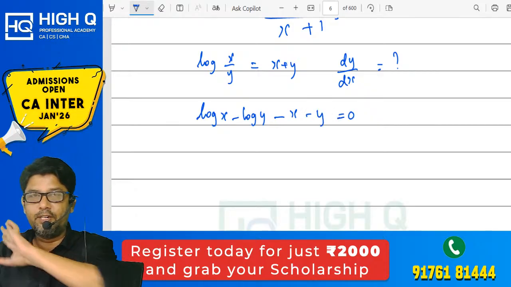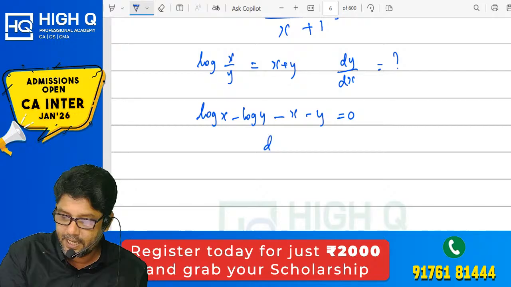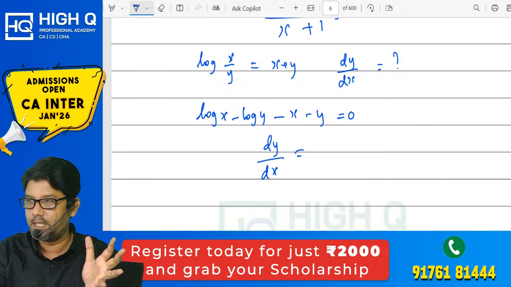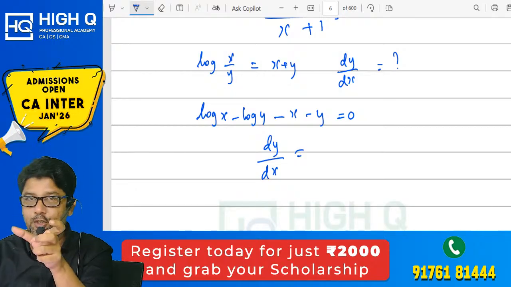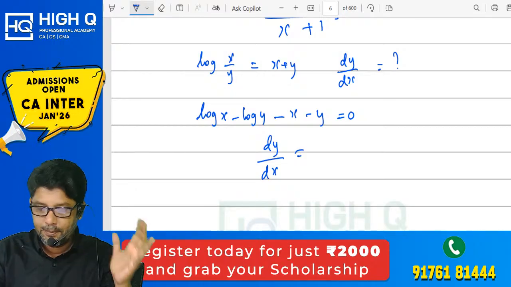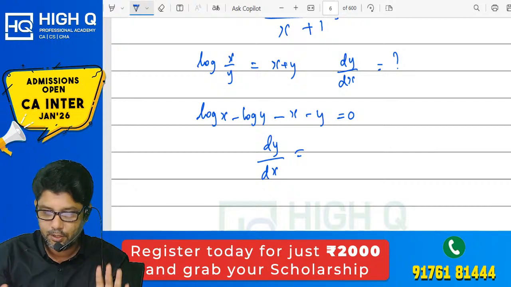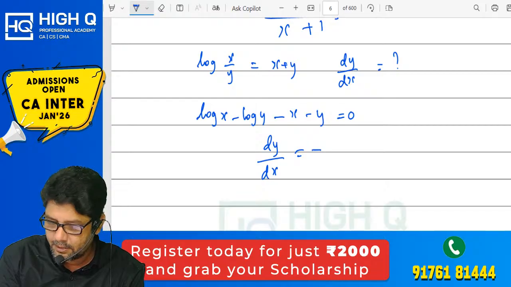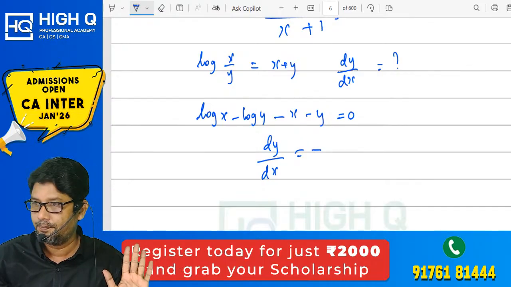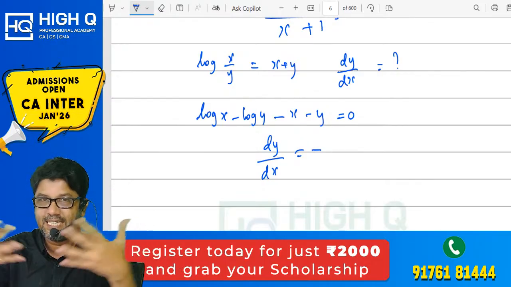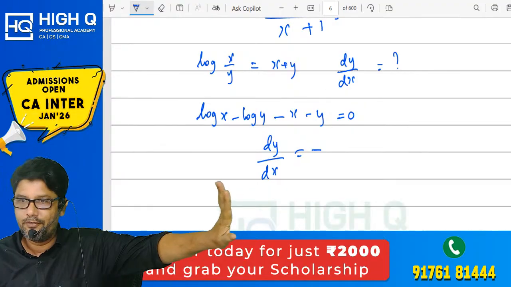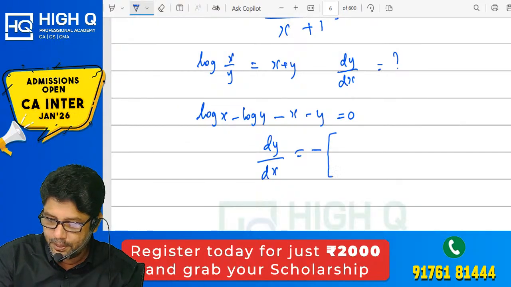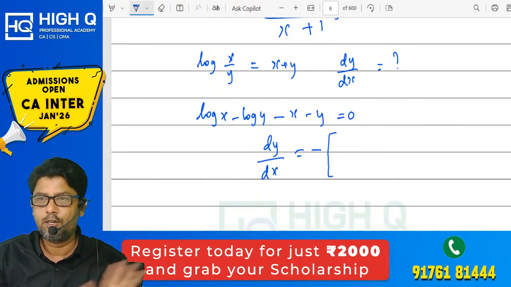First step, bring everything to the left hand side. Second step, write the answer. Implicit function means x and y together. Options also will have x and y. So dy by dx is equal to, just do what I'm saying. Next step, answer: minus. Don't ask why. If you see that it is an implicit function, with x and y together, bring everything to the left hand side. Then write the next step as dy by dx is equal to minus of, open the bracket. Don't ask why and all, just follow what I'm saying.